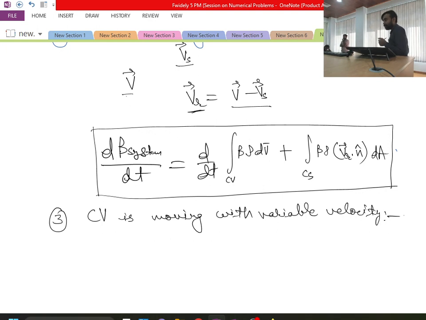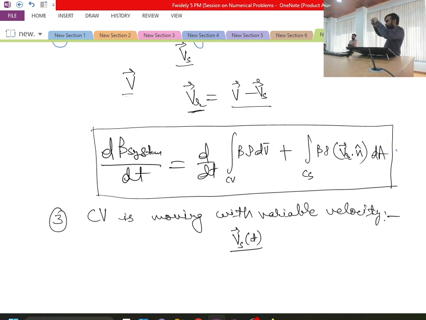Its shape is not deforming, but it is now moving with variable velocity. So if it is moving with variable velocity, then what will be the velocity of the control surface? The velocity of the control surface will be V vector S, but it will be a function of time, because with time it is varying.